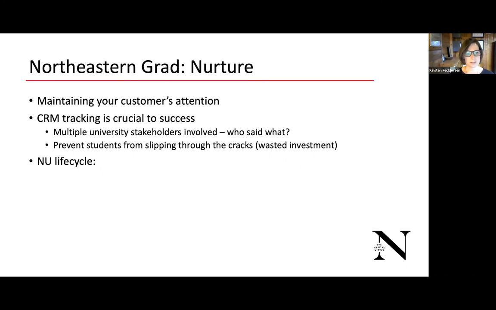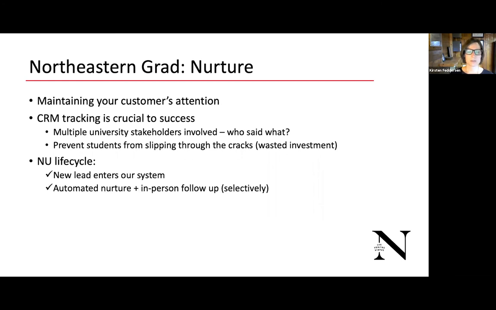So the NU life cycle looks like this. We have new leads that enter our system on the front end through a variety of these different initiatives that I mentioned on my last slide. Once they enter the system, they typically go on to an automated nurture stream. We have international specific nurture that goes out, and then selectively we follow up in person.